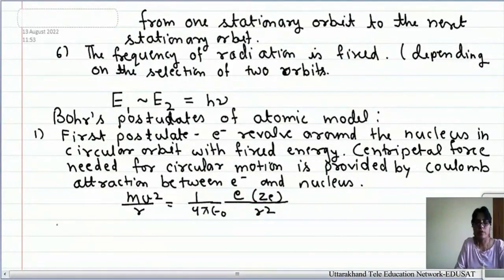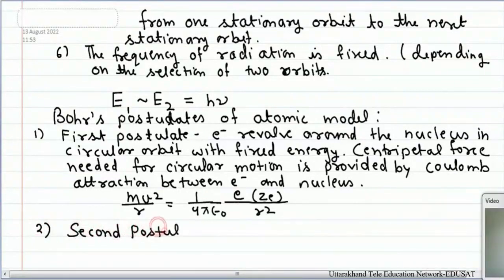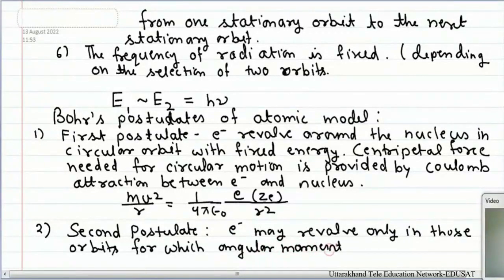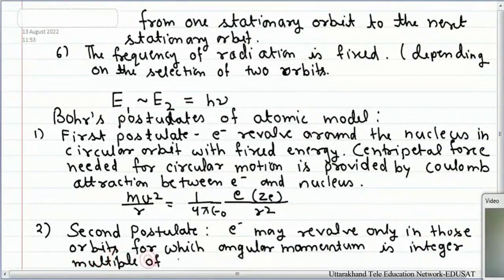Now come to the second postulate. Bohr's second postulate: electrons may revolve only in those orbits for which angular momentum is an integer multiple of h by 2 pi.